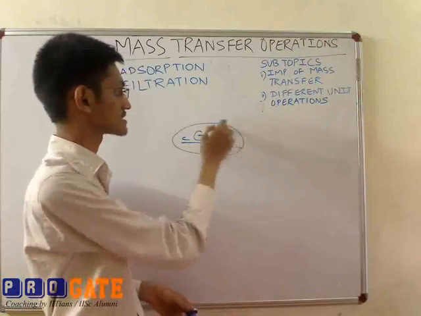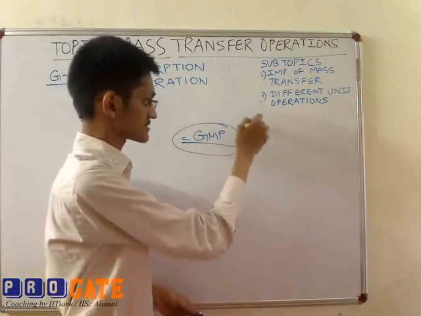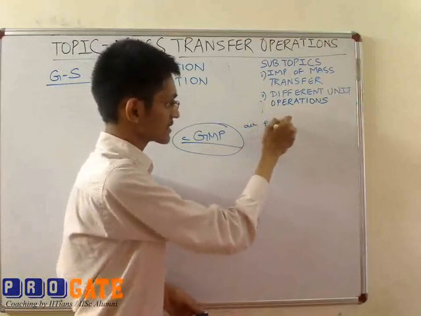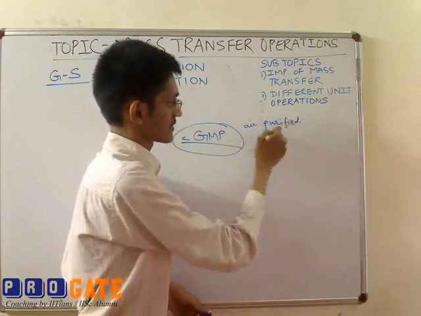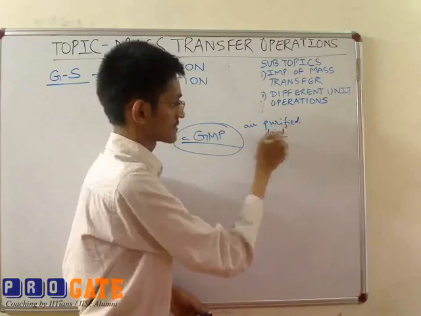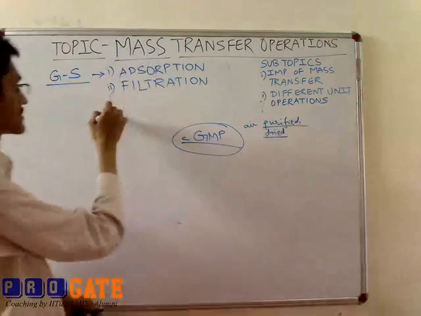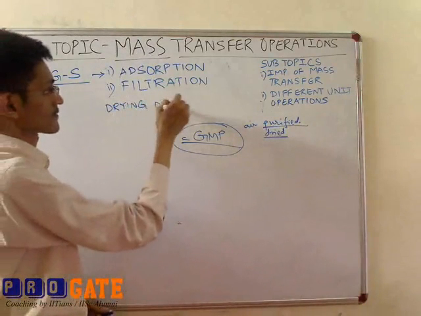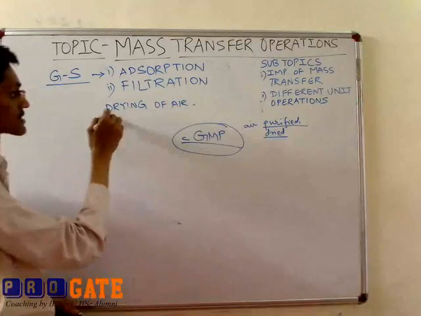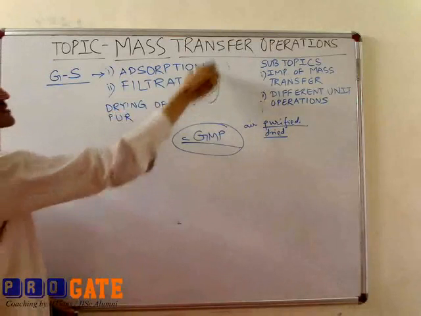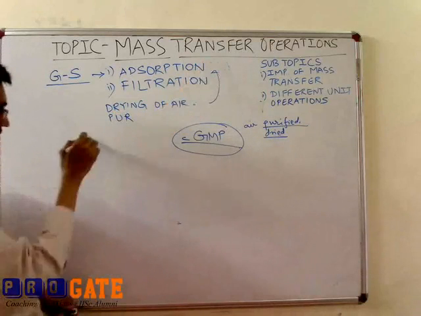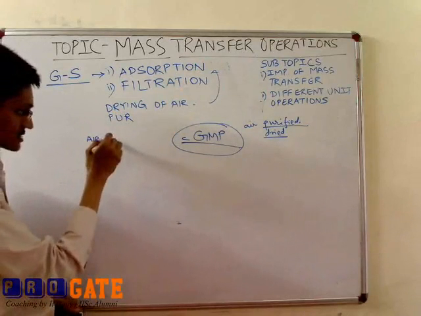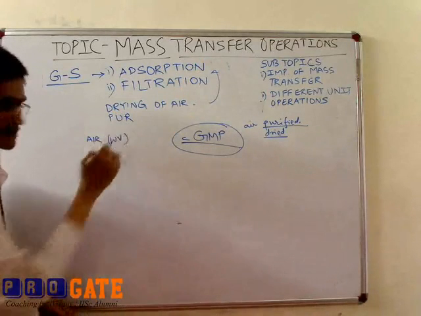So you need to have the facility where the air is highly purified and dry. So this drying of air and purification both come under this unit operations. Drying of air would be, now air has moisture, that is water vapor, along with it.